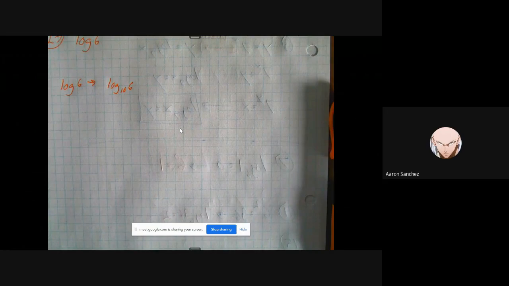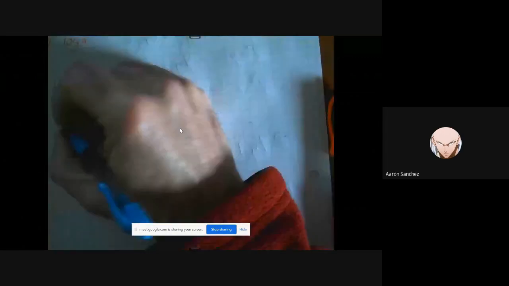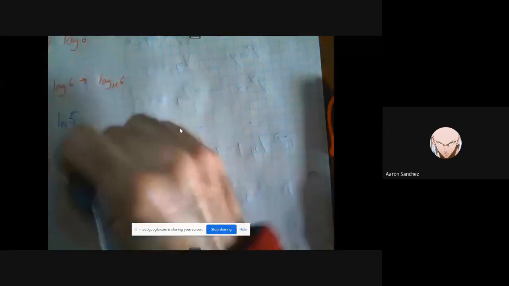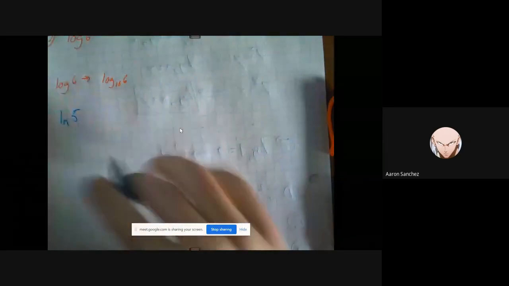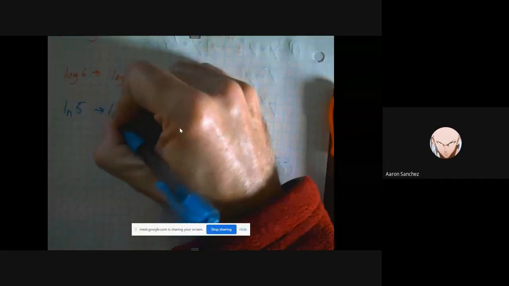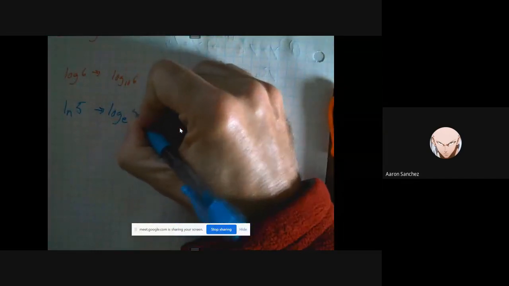Now I'm looking up e as a number. The natural log, let's say over here, the natural log of 5. There's no base. The natural log is really like saying log base e of 5.